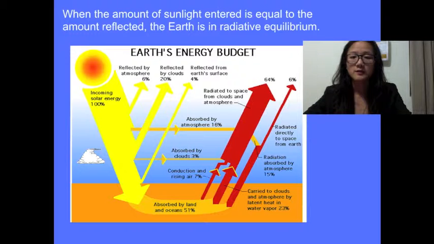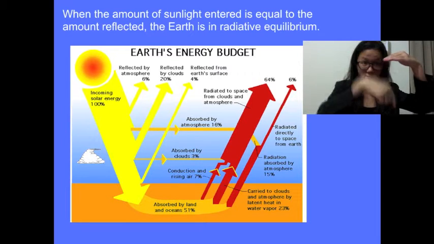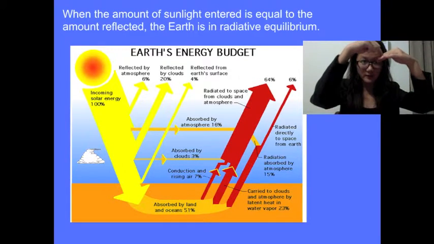Now here comes the albedo. Conduction and rising reflects about 7% of the energy, and 23% of the energy is carried to the clouds and atmosphere by latent heat in water vapor. Remember one important thing. The clouds and atmosphere reflect some incoming energy. Like it comes in, and then this will reflect a certain amount of energy back into space.